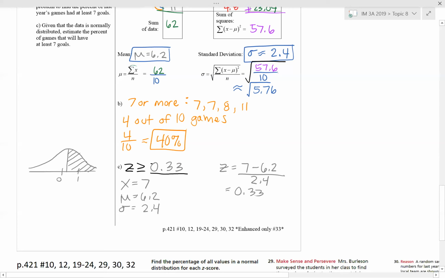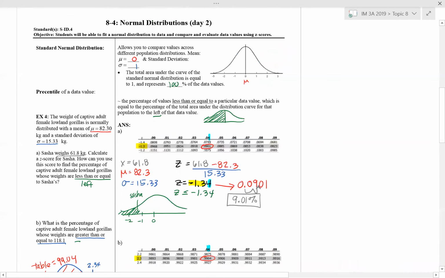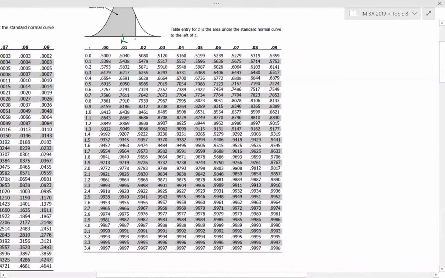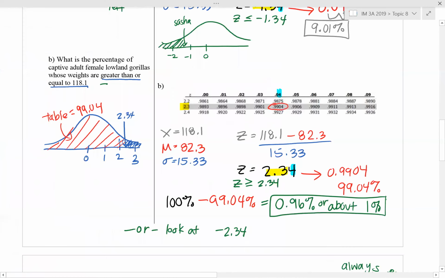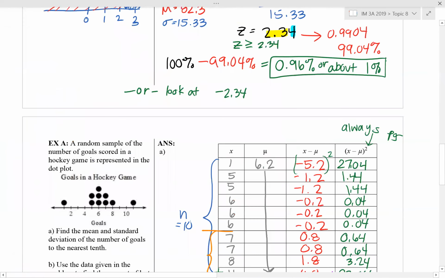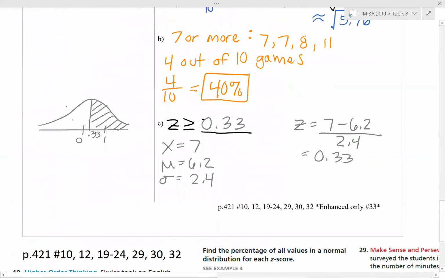If I look up 0.33 on my Z table, that gives me the percent of the value that's not shaded. On the positive Z table for 0.33, that gives me 62.93%. But remember that that represents this one.